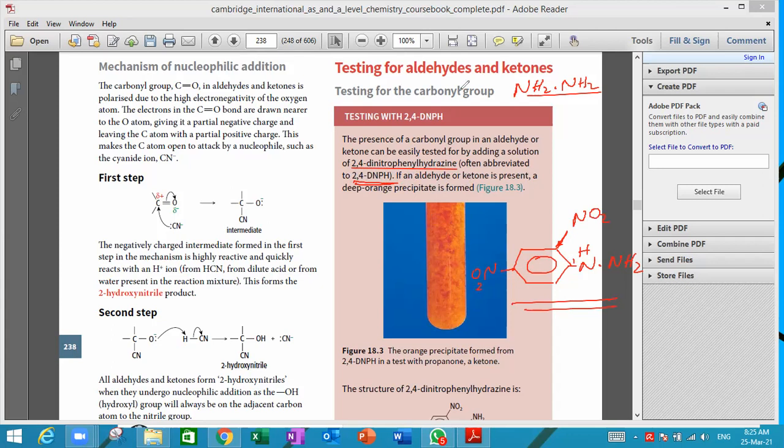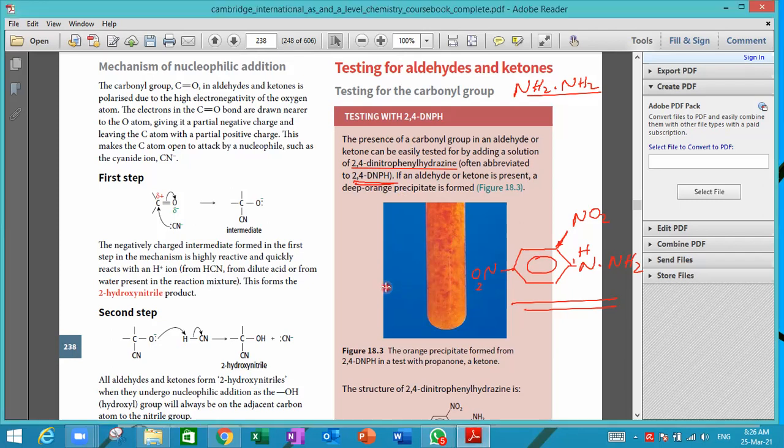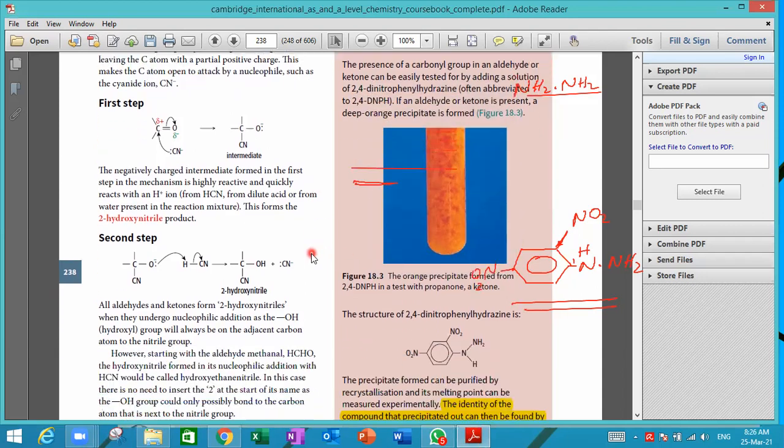Now, when we add 2,4-dinitrophenylhydrazine to an aldehyde or a ketone, directly, as you see here in this photo, a deep orange precipitate is formed. It's a precipitate, not a solution. A deep orange or red precipitate is going to be formed. So this is the structure of the 2,4-dinitrophenylhydrazine.